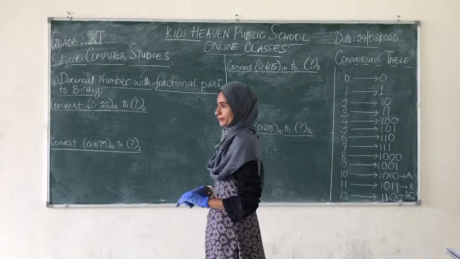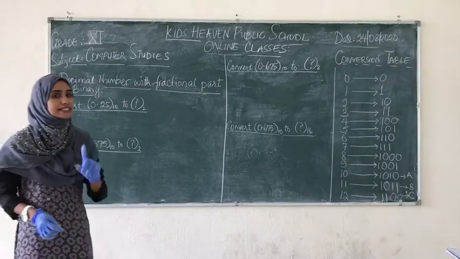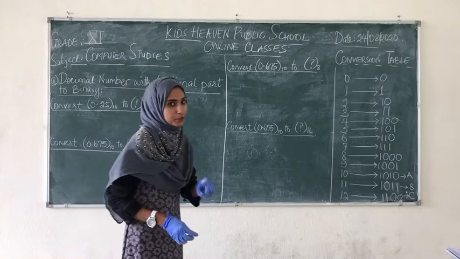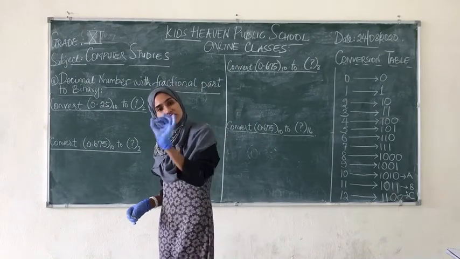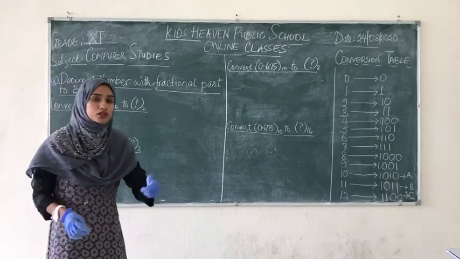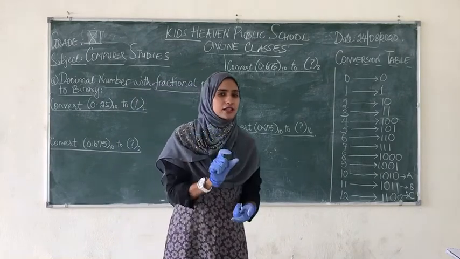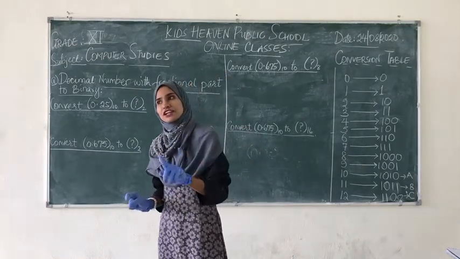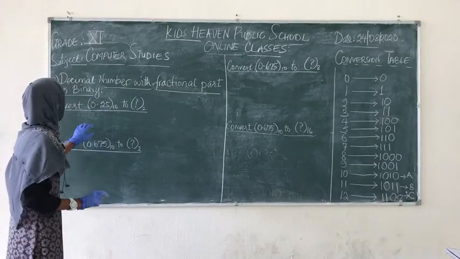Now rule number 1. Whenever we begin a multiplication of the fractional part, keep in mind the number we are converting it to. The number system to which we want to make the conversion, we will use the base of that number to multiply the fractional part. For example, get this.